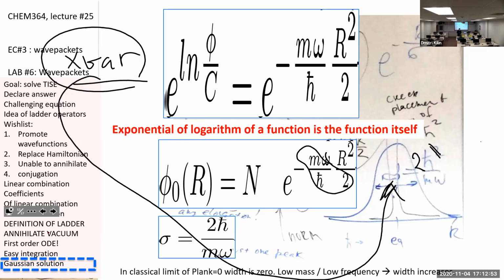Do you remember some postulates of quantum mechanics? So, how long would the system exist in the quantum state if the state is an eigenstate? Forever. What does it mean that it stays forever in the state?